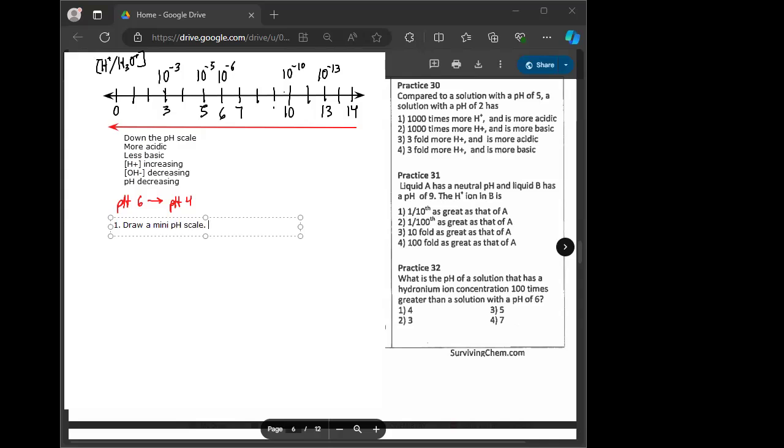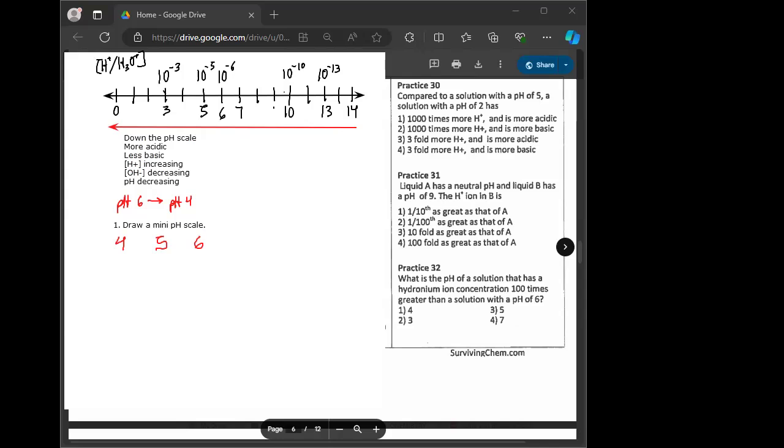A mini pH scale with those numbers on it. So I'm definitely going to do a pH of 4, a pH of 6, and then any numbers in between, which is going to be 5. Then, since we're going from 6 to 4, we need to remember that each step up or down the pH scale is affecting the substance by a power of 10.